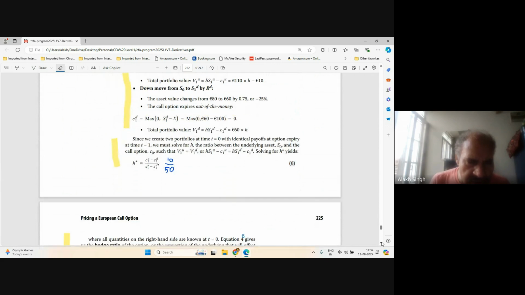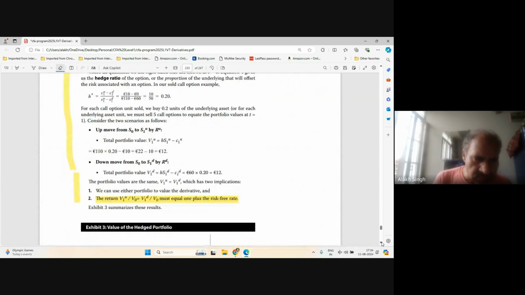So let's see how it has worked here. Our H is already known. Now, the up move from S0 to S1 is by RU. So the total portfolio value V1U is equal to H S1U minus C1U.